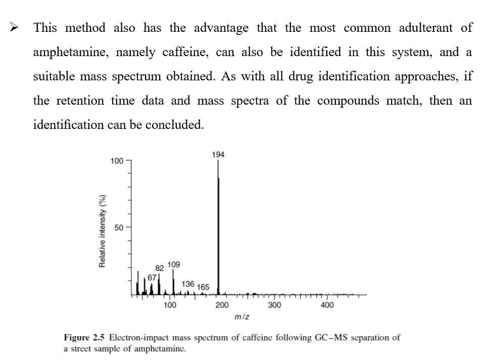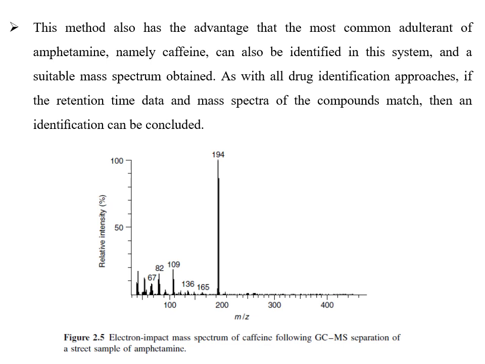Once the gas chromatogram and the mass spectra are obtained for the sample and the standard, the compound can be identified. The GCMS method has the advantage that the most common adulterant of amphetamine, which is caffeine, can also be identified in this system and a suitable mass spectrum is obtained.